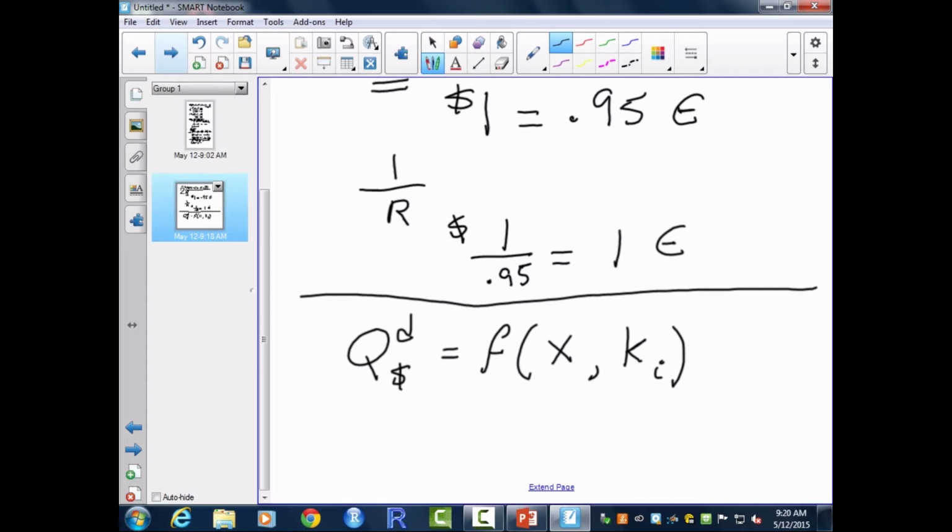Okay? That means when demand for our export goes up, when other countries would like to buy more of our product, in order to pay for our product, they have to pay with the US dollar. Therefore, their demand for dollar will go up. Therefore, the relationship between export and quantity demanded for dollar would be a positive relationship.